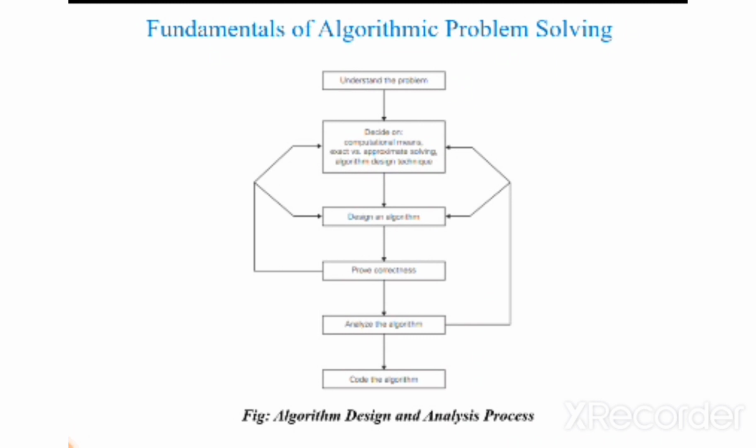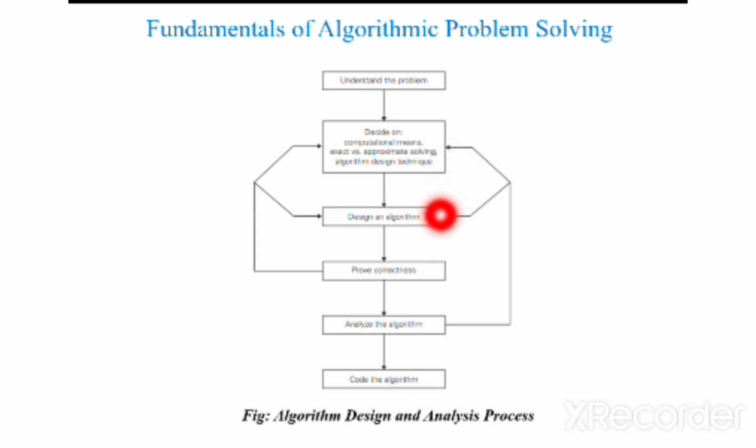The second topic in DAA is fundamentals of algorithmic problem solving. So please note down the diagram carefully. The first step in the algorithmic problem solving is understand the problem. So first we have to understand the problem. Next, step 2 is decide on computational means, exact versus approximate problem solving, algorithm design technique.